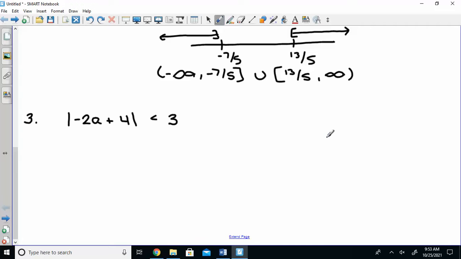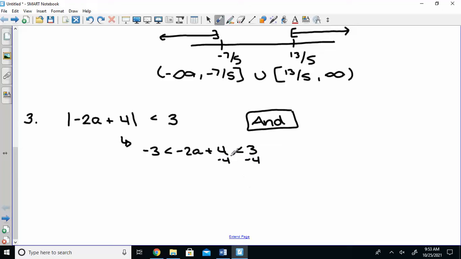Less than means what? And. When we graph an and, it's just going to be one interval, okay? So it'll be between two numbers. What we did is we usually just did a compound inequality. We put this in between the negative and the positive.